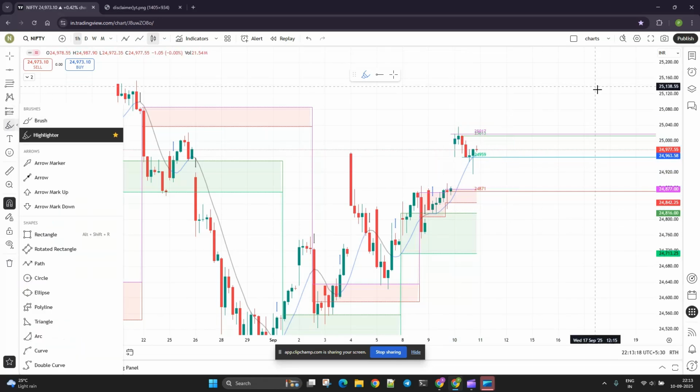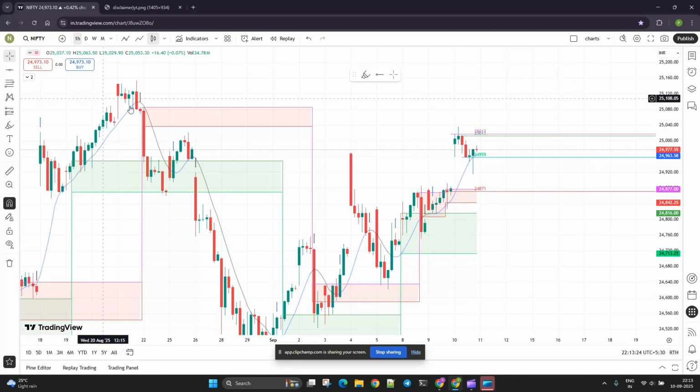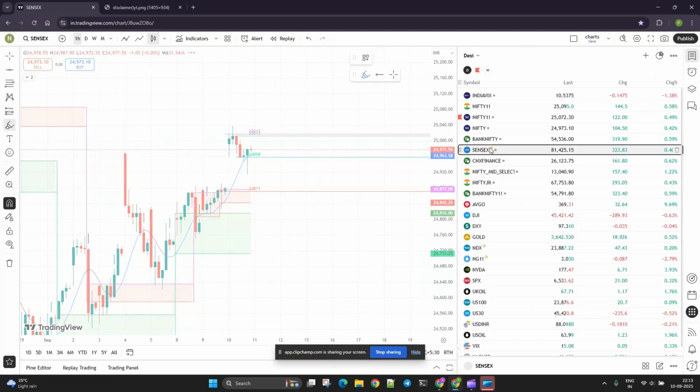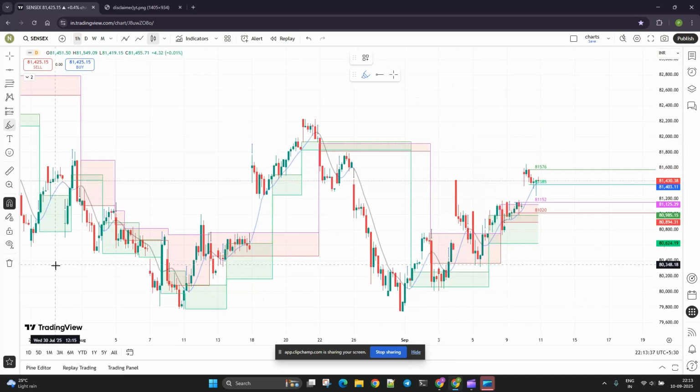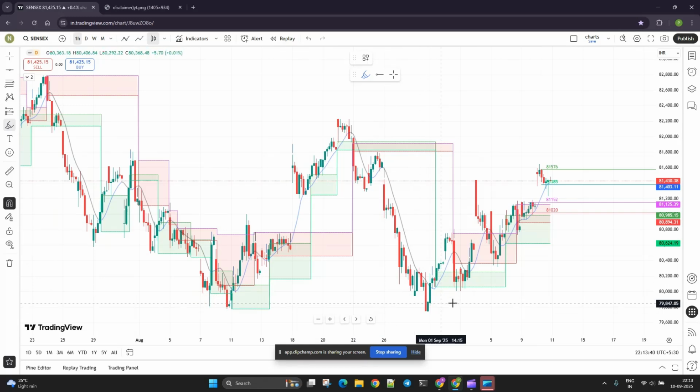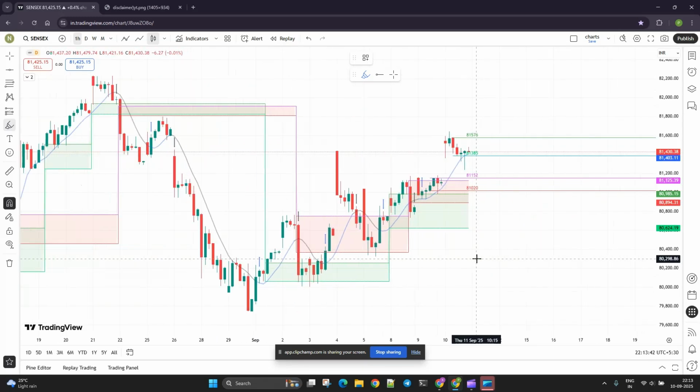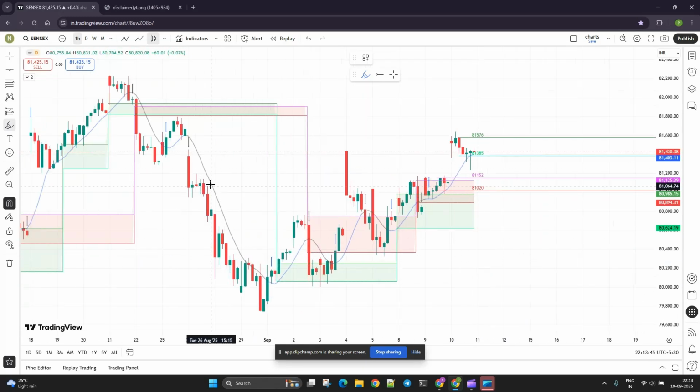The only one thing I'm telling about tomorrow's jackpot expiry in Sensex is, if in case, okay, let's look at the Sensex chart directly. That's better. Okay, that's the story here in Sensex. You see this, right?